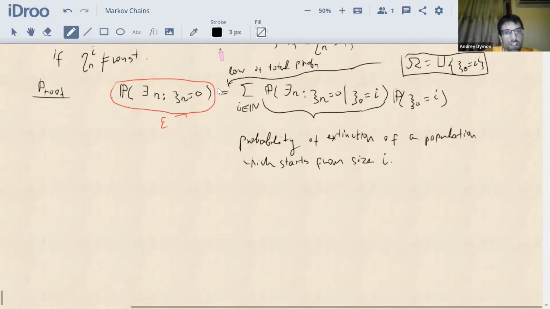Let me first just look at these probabilities, and then note the following.